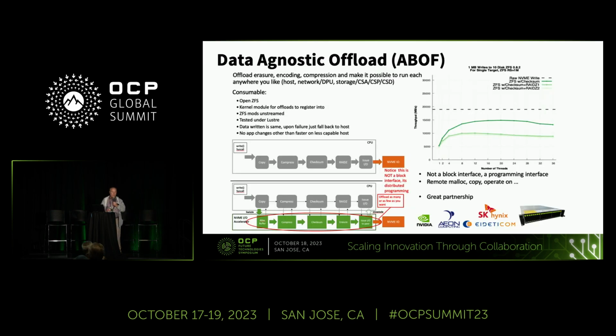Our first foray into this was a thing we called ABOF, Accelerated Box of Flash. Essentially we took ZFS, which is a popular file system in Linux kernels today. We have a developer on the payroll, and we built it in such a way that you can offload compression, erasure, and encoding from ZFS. Why would you do that?